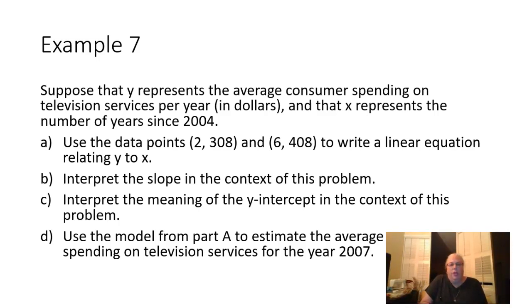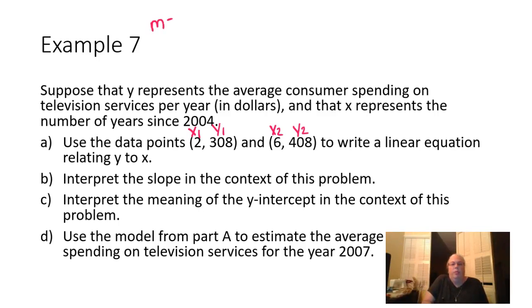Okay, let's treat this one like x1, this one like y1, we'll treat this one like x2, this one like y2. We're going to need a slope first, so we'll find the slope, and then I'm going to use my point-slope formula.